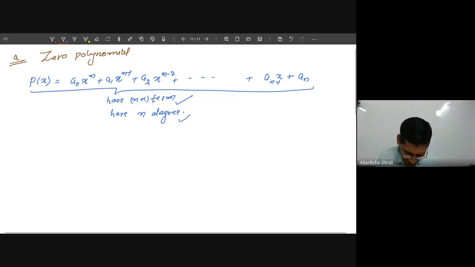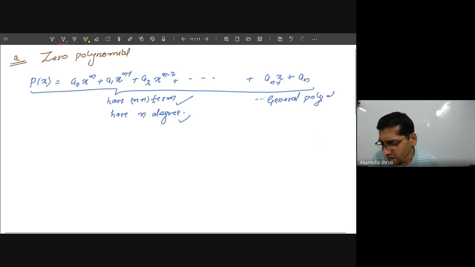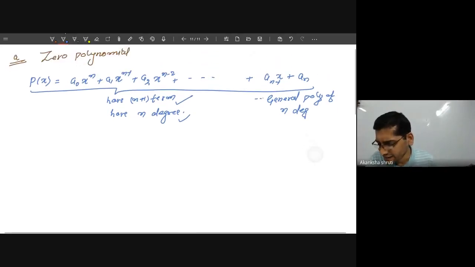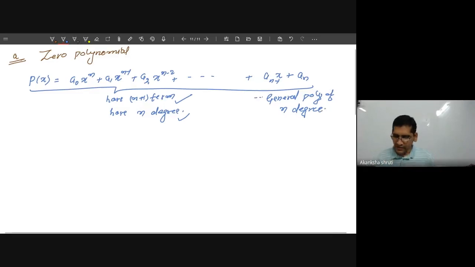So what is special about the zero polynomial? This is not an example of the zero polynomial. This is the general form of a polynomial, a general polynomial of degree n. It is simply an n-degree polynomial. So how is it a zero polynomial? Students, if the value of P(x) is just given as 0, that means 0 itself is there.